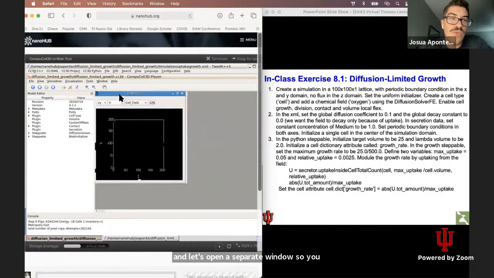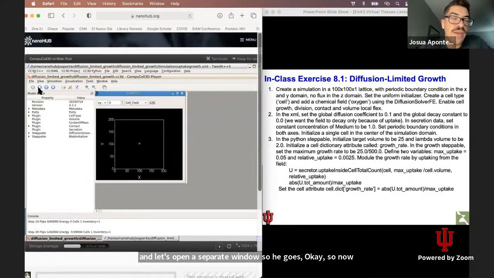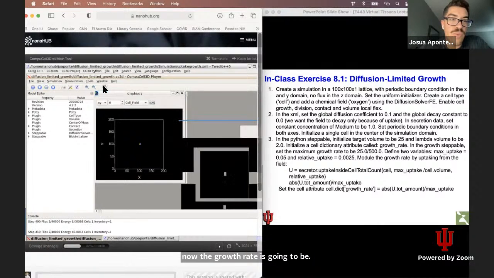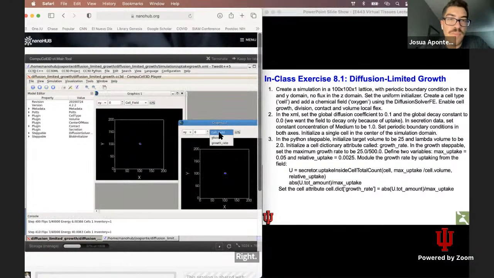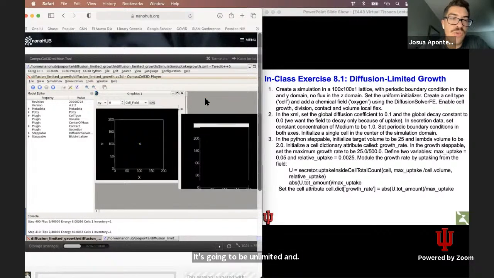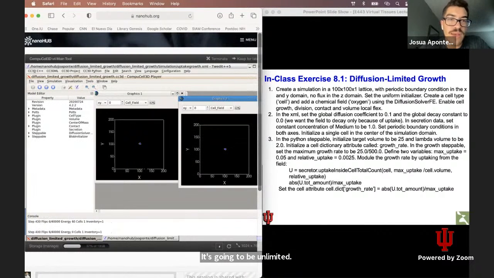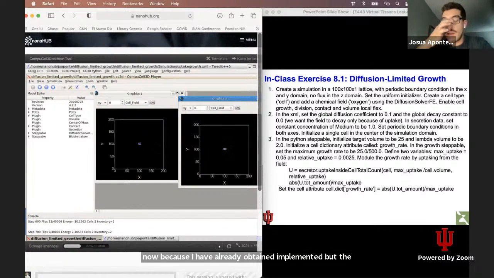So now the growth rate is gonna be unlimited, and I'm not gonna look at the field right now because I have already uptake implemented, but the idea is that if you run this simulation, you're not modifying what the salt is taking up from the environment.